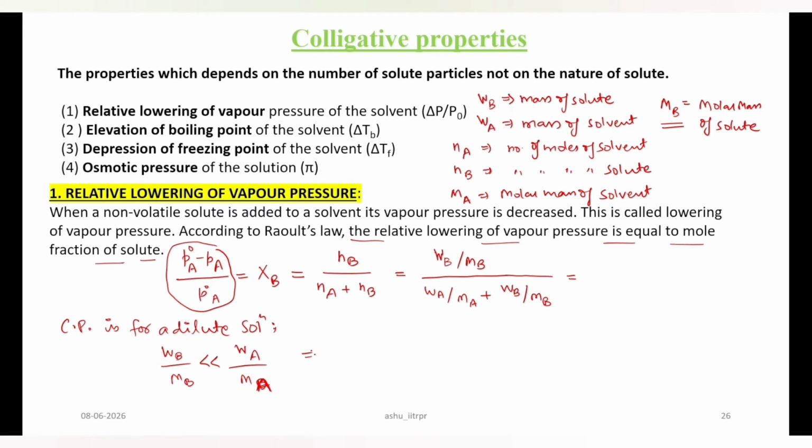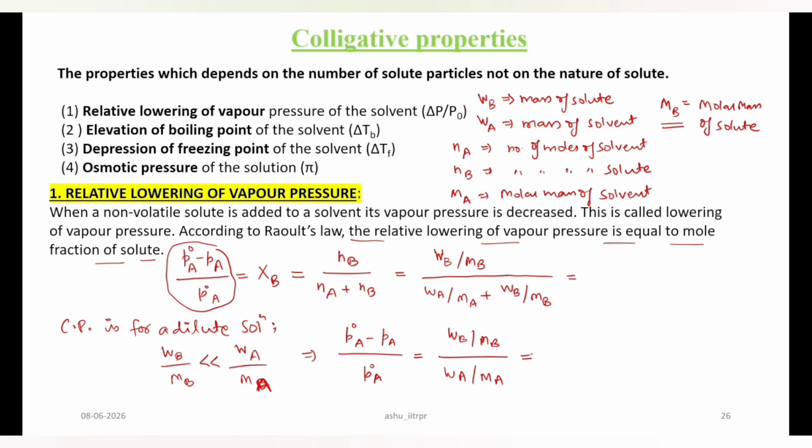So what can I write from here? I can write the same expression: P naught A minus Pa divided by P naught A is equal to, if I remove this part from this equation, Wb by Mb, and in the denominator Wa by Ma.